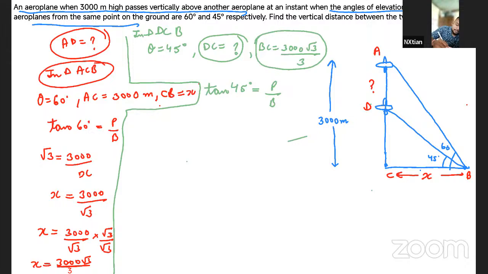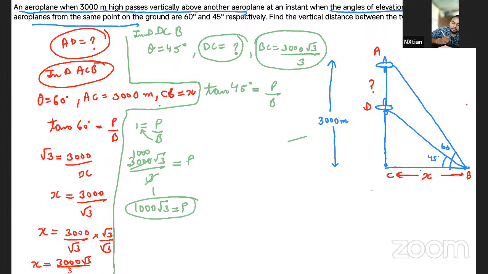The tan 45 value is 1, equal to perpendicular upon base. Base I got as 3000 root 3 by 3, and so perpendicular, multiplying by 1, becomes 1000 root 3. Okay, this red one I got as 1000 root 3.